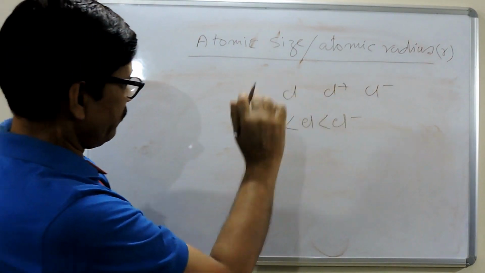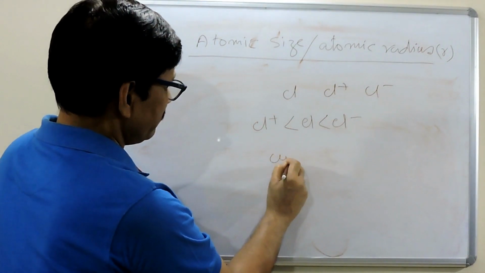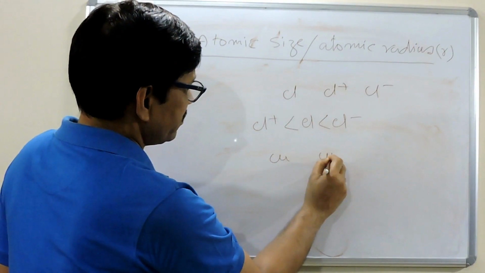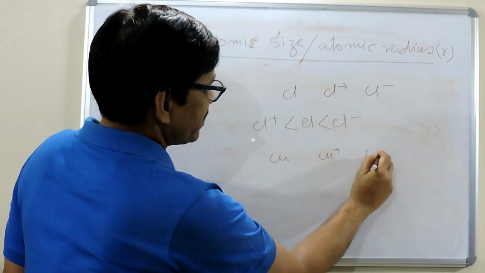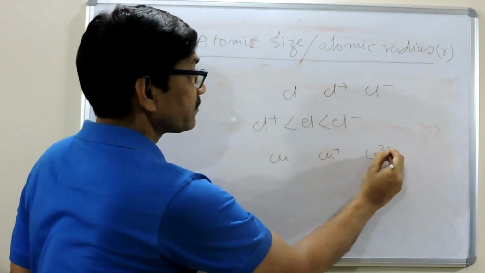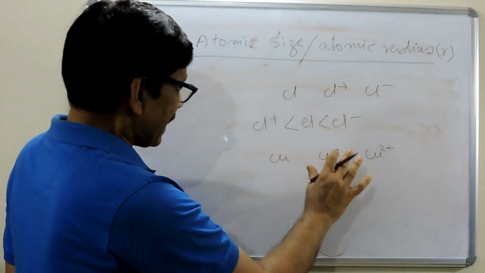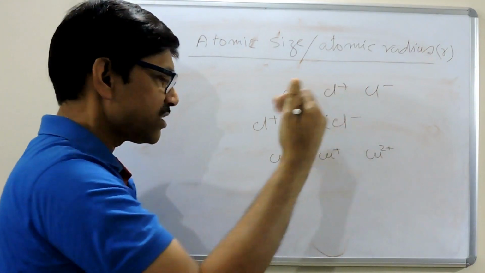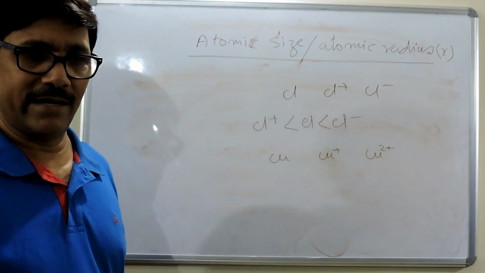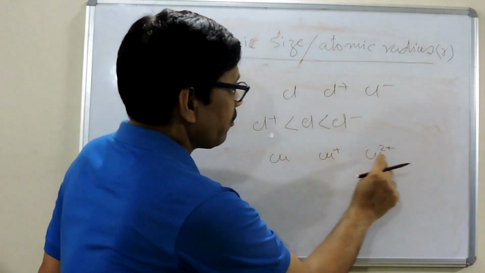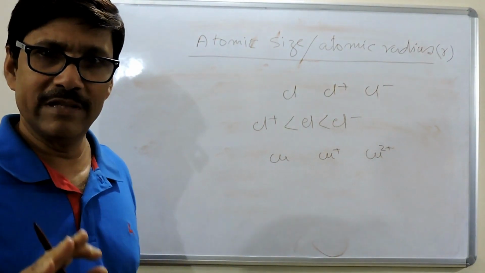Similarly, suppose you are given Cu plus and Cu2 plus. The size of cations is always smaller than the neutral atom. Greater the number of positive charge, smaller will be the size.